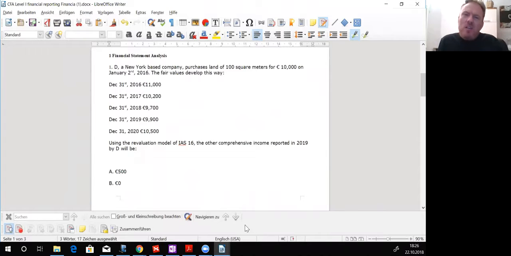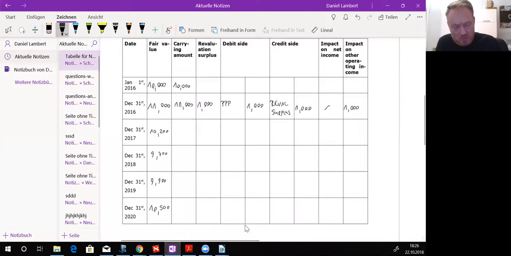As you can see, the value went up and went down without touching the income statement. So what are we going to do? We're going to put it to 10,200. The revaluation has to go down as well, from 1,000 to 200, which means it sinks by 800.